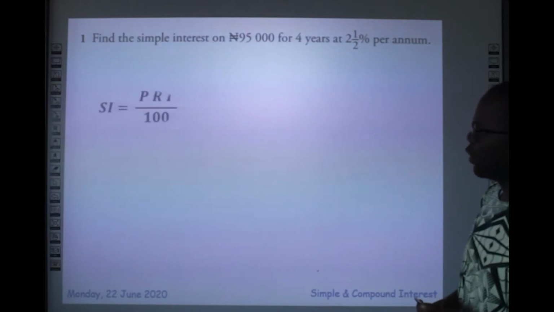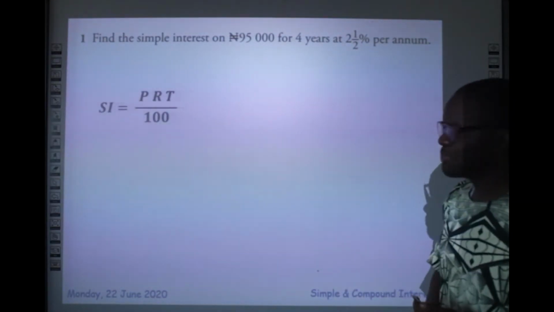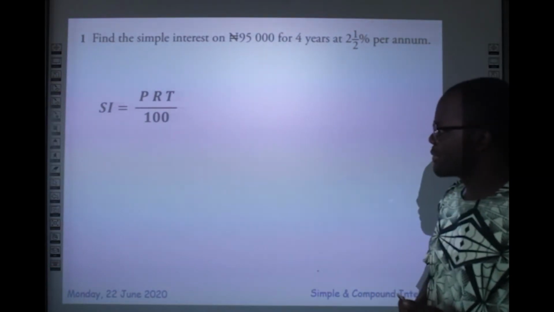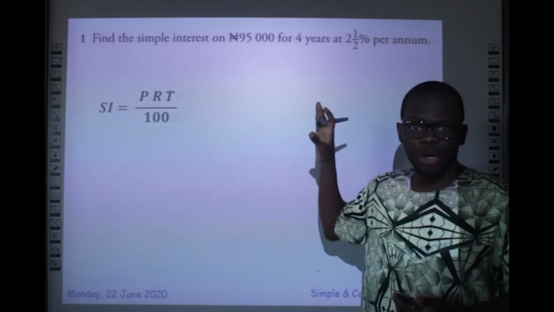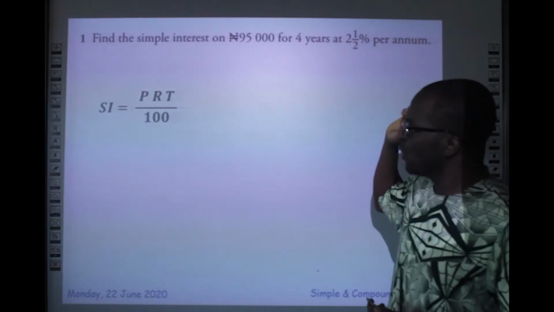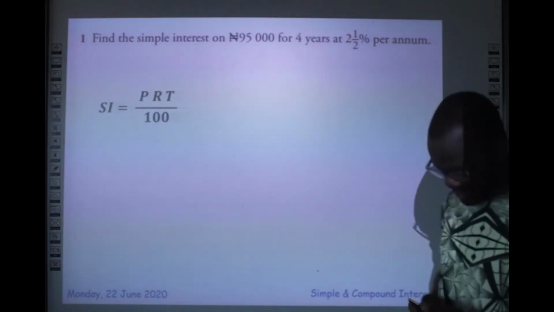Of course the formula for calculating simple interest is principal times rate times time over 100. So it's important for you to be able to correctly identify what the principal is from the question, what the rate is, and also what the time is.